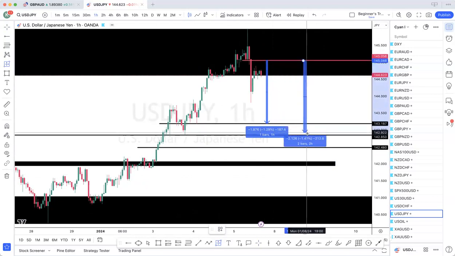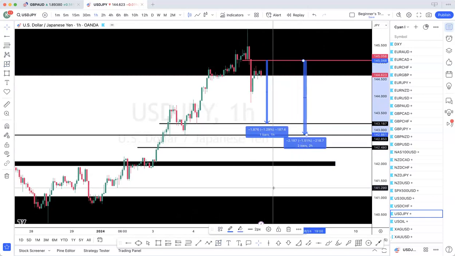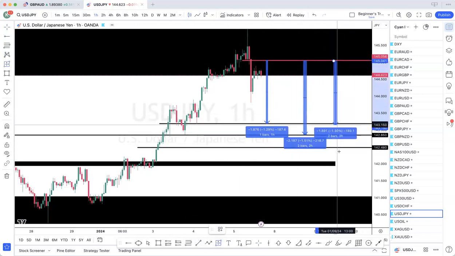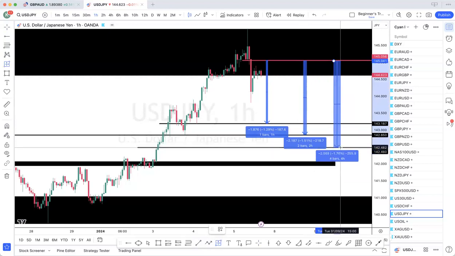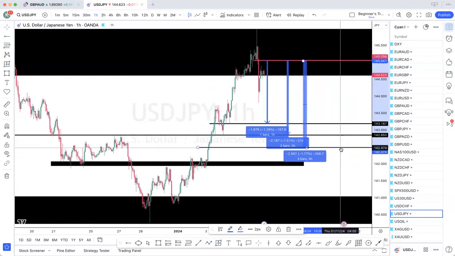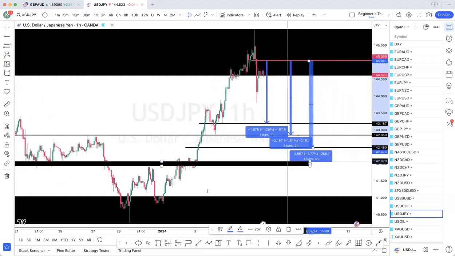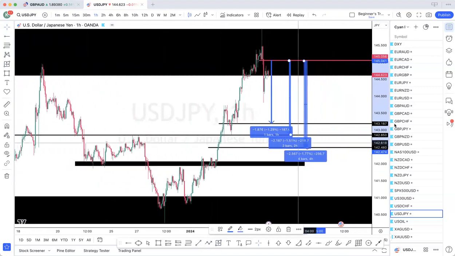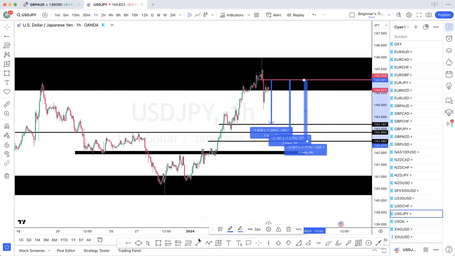From here to here, which is at the top of the weekly order block, is 218. And then from here to the, there's 256 if it pulls all the way back, or what did I say, the negative 78.